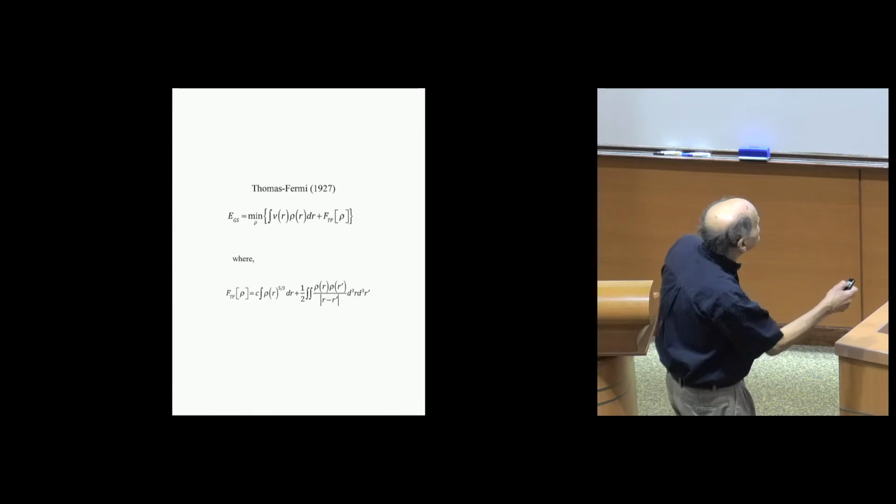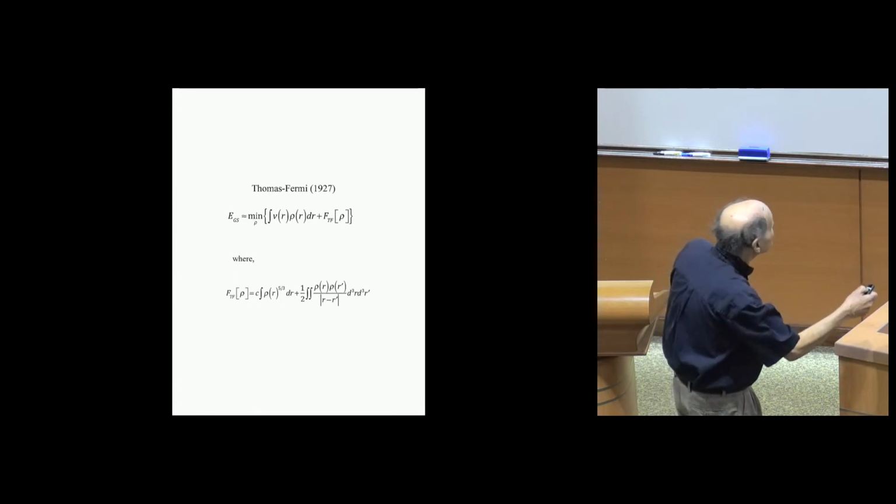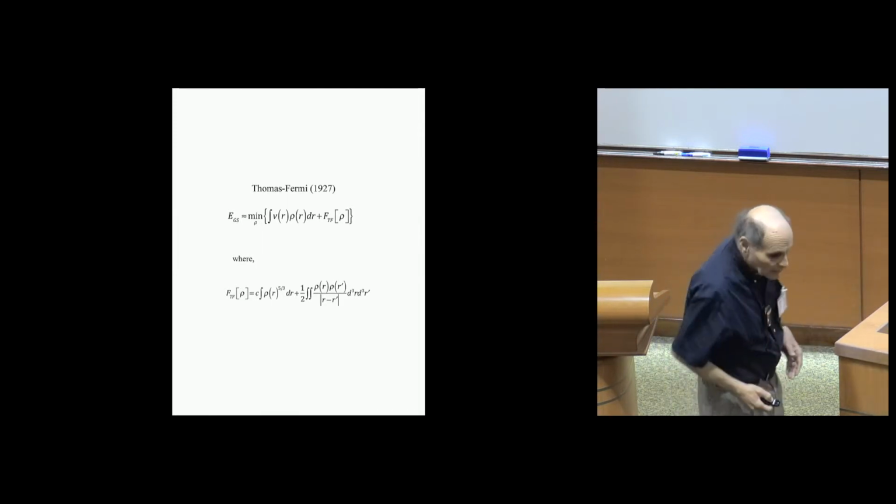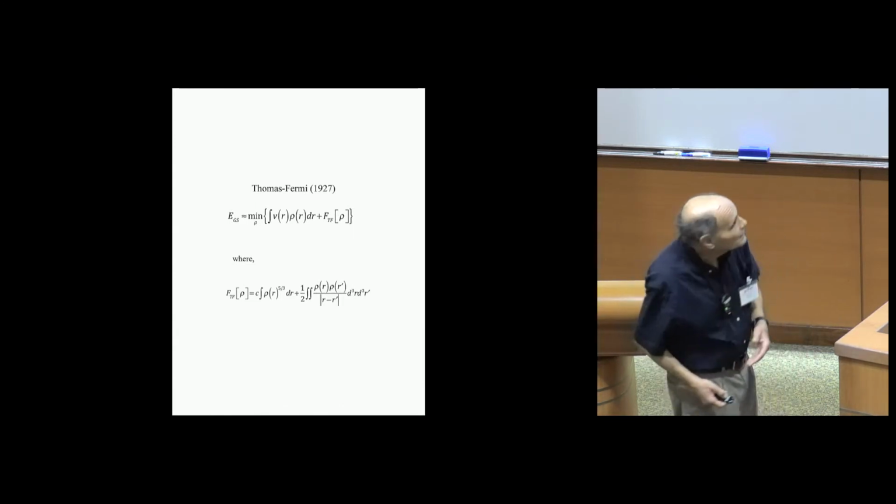Okay, so in a sense, it's the first LDA, or local density approximation, for the kinetic energy, and this approximates the repulsion. And then there was a lot of follow-up work, and Heinz talked about it.